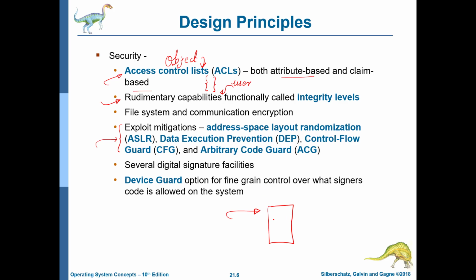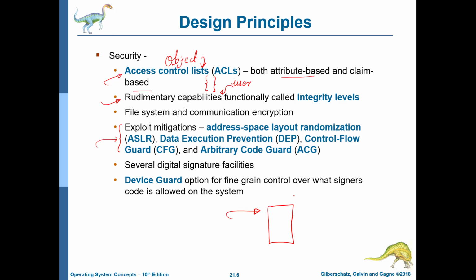So we need a very accurate idea of which code lies in which part of the address space. So this can be randomized. If this is randomized every time a program runs, it will be very hard for the attacker to guess which piece of code lies where, which is otherwise quite easy.